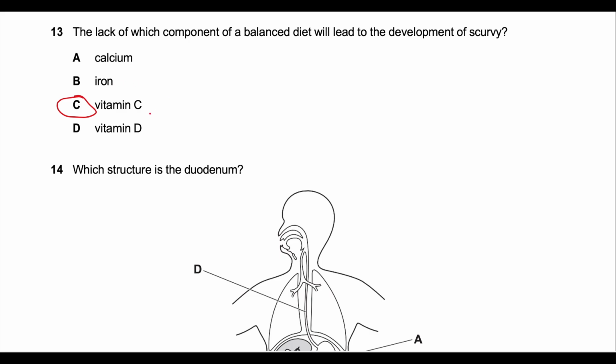Iron leads to anemia. Vitamin D, maybe rickets disease in children. Also, osteomalacia in old people. So it's a direct answer. Vitamin C deficiency will lead to scurvy disease.